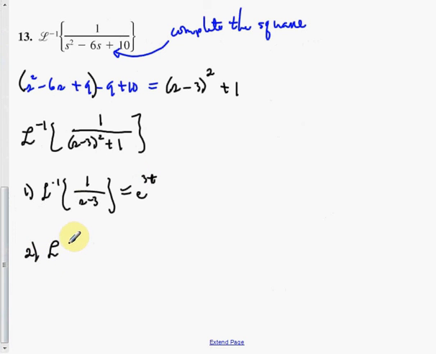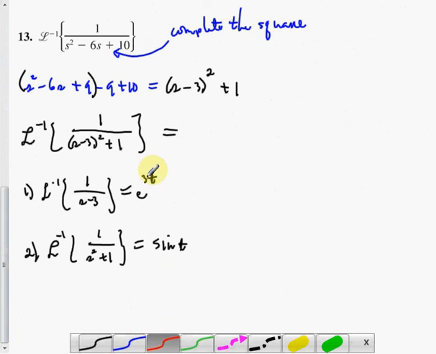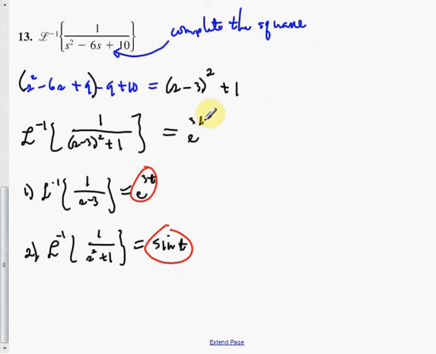So if we do the inverse transform of 1 over s squared plus 1, isn't that sine of t? So my answer, I put these two together. That's your answer: e to the 3t times sine of t.